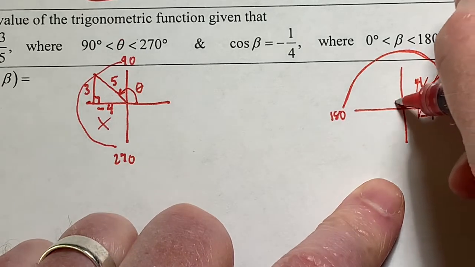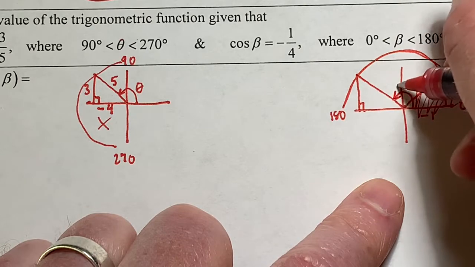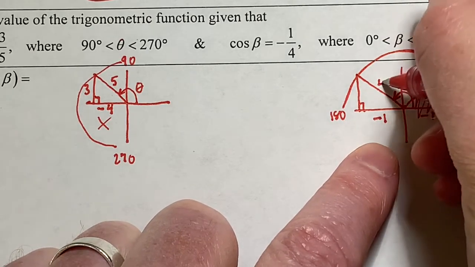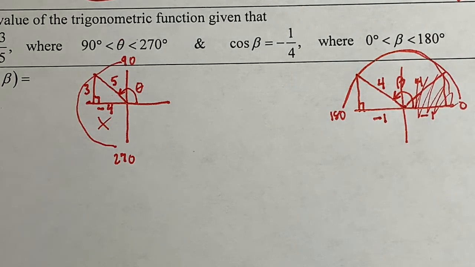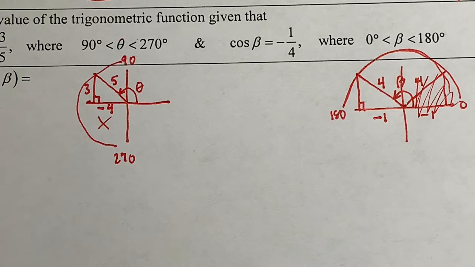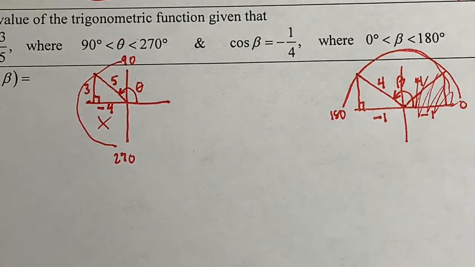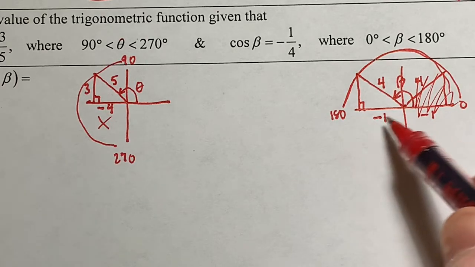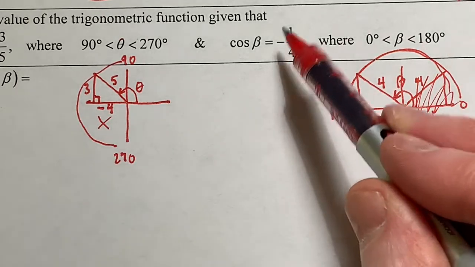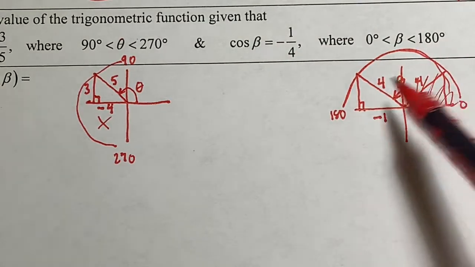But look, if I draw it over here, draw my angle there and call that beta, then I can go adjacent over hypotenuse. That does make sense, right? Because I'm going left. And by the way, the hypotenuse is always positive because it's the sum of the squares of the other terms squared. So we only go left with negatives and down with negatives. Hypotenuse is always positive. So this tells me because the cosine's negative, but it has to be between here and here, it can't be there, it must be over here.